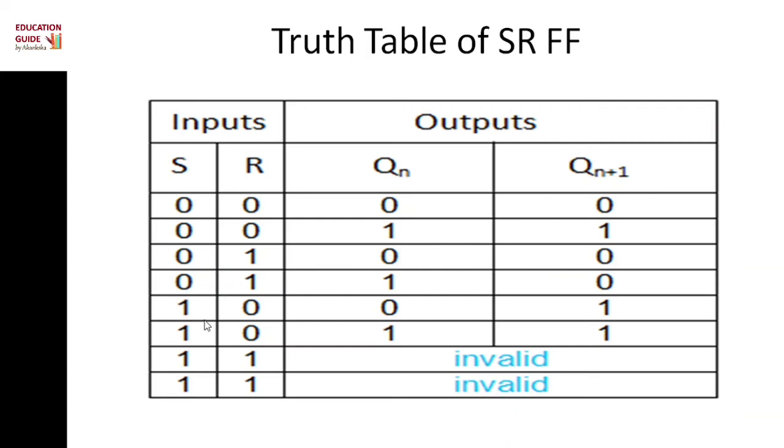If we give SR as input 1 and 0, then whatever the previous state is, we get the output as 1, which is the set input. Input S is equal to 1 and R is equal to 1 gives an invalid state.